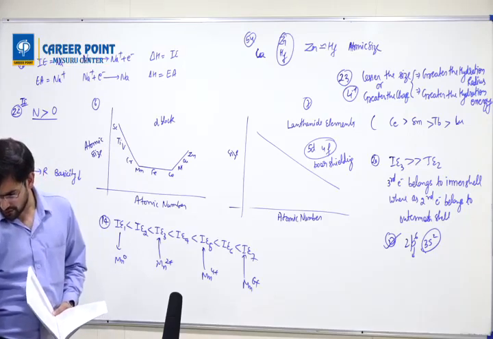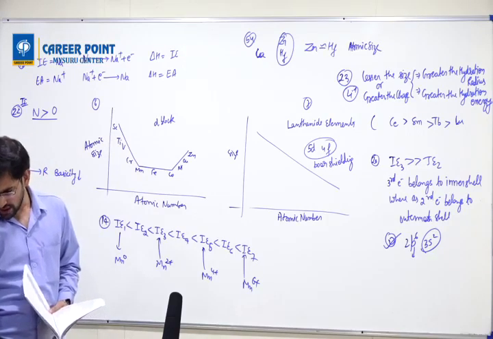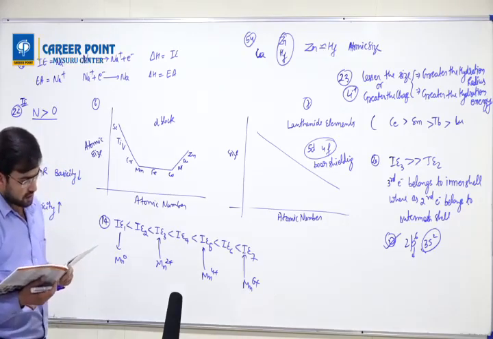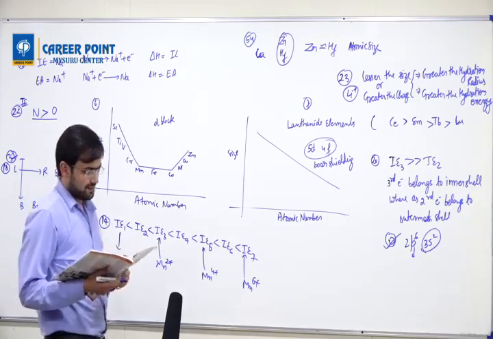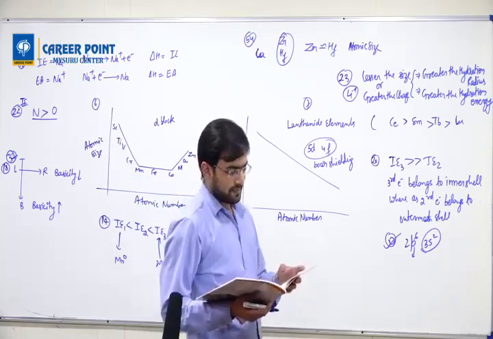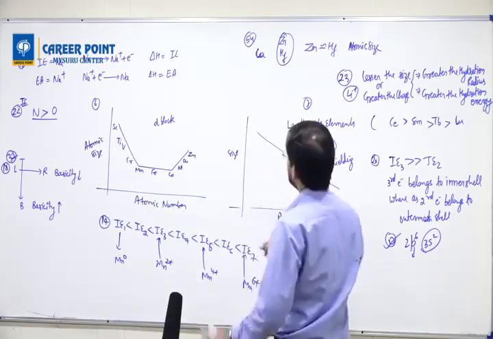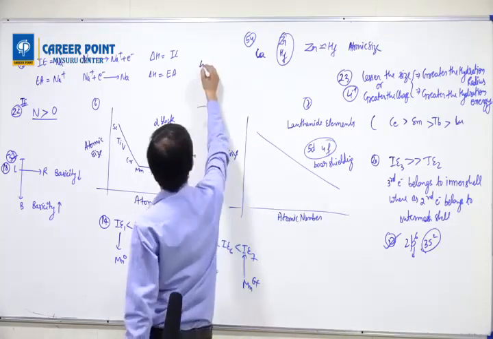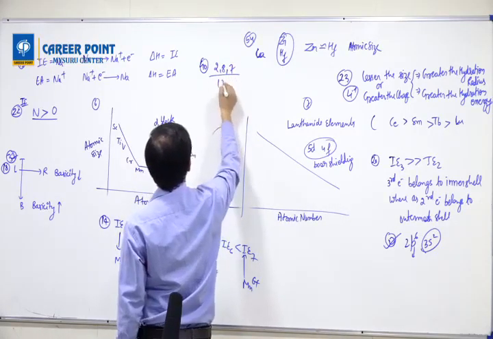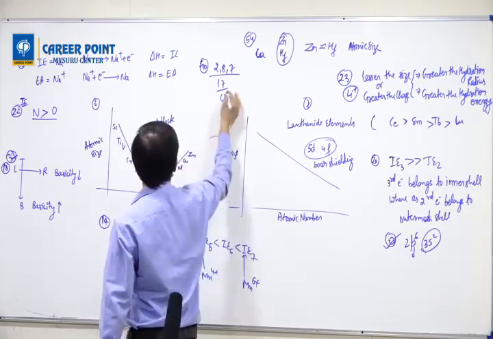And after 55 we have the last one, question number 40. Which of the following statements is incorrect for an atom having electronic configuration 2, 8, 7? The electronic configuration is 2, 8, 7. It means there are 17 electrons, which means a chlorine atom.